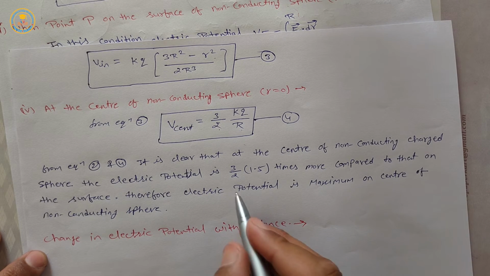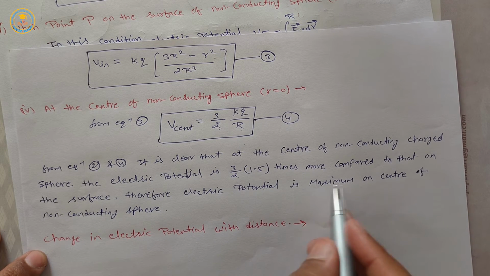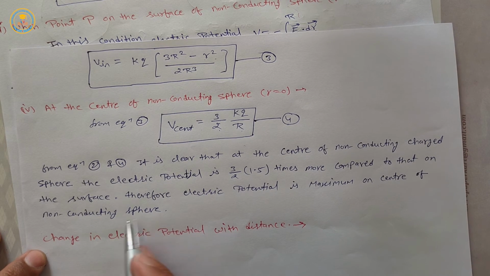Therefore, we can say electric potential is maximum at the center of a non-conducting sphere.